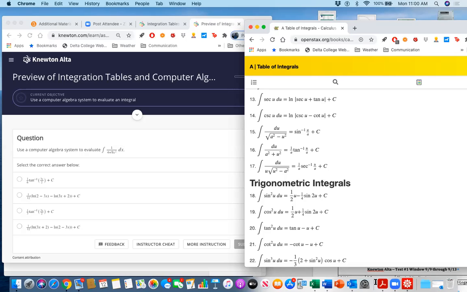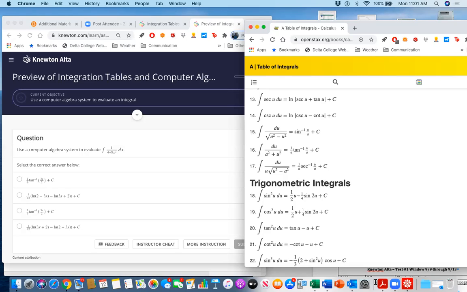Okay. So, integral 1 over 4 plus 9x squared, and we're comparing that to integral du over a squared plus u squared.